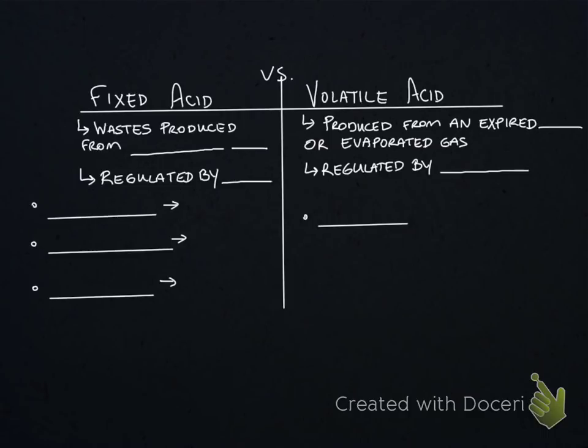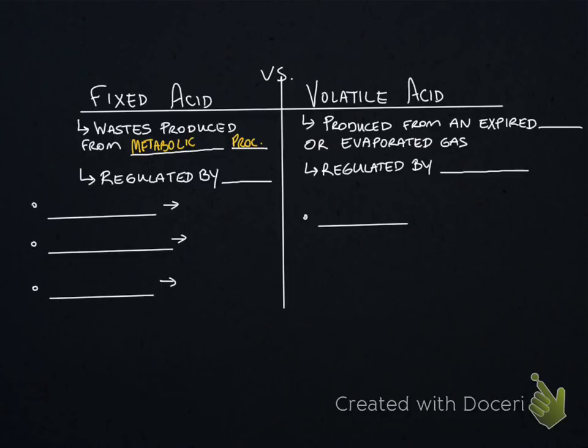So to talk about this, we need to know the difference between a fixed acid and a volatile acid. So fixed acids are those produced from a metabolic process. Okay.